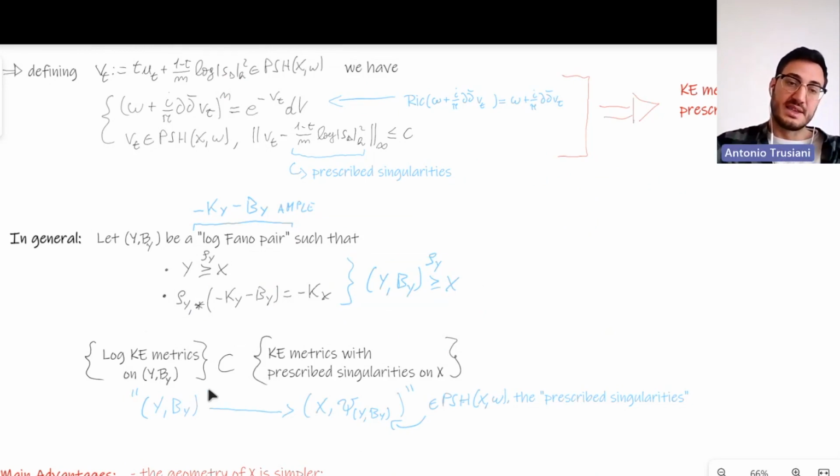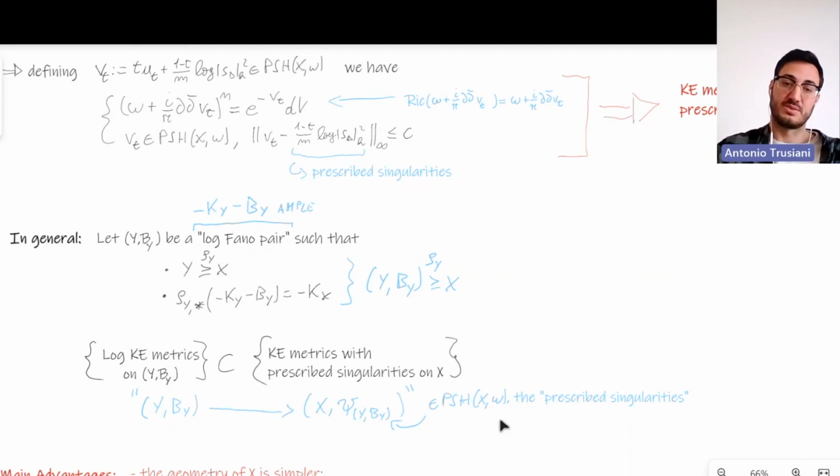Then we can study log Kähler-Einstein metrics above on Y by directly looking below, and this is an important part of my work, directly on X, on the same X, without changing the cohomology class, but just asking some prescribed singularities.